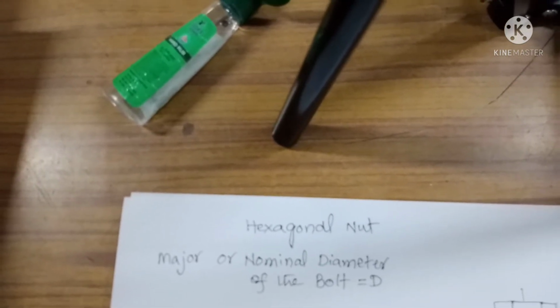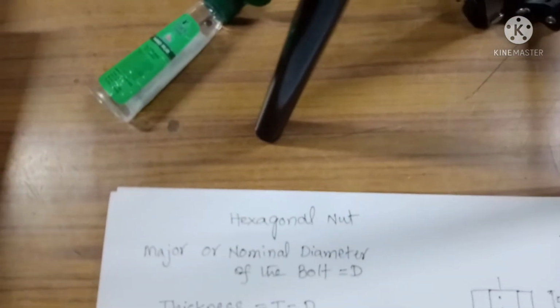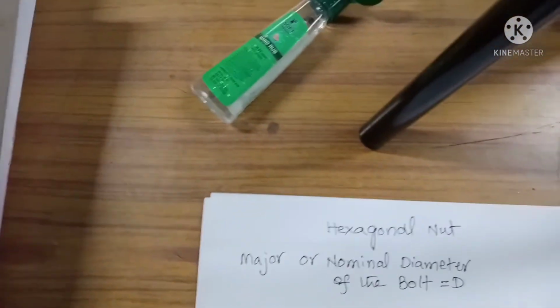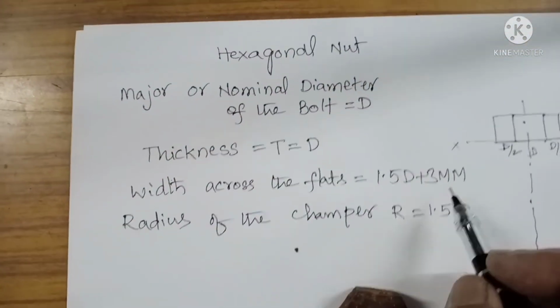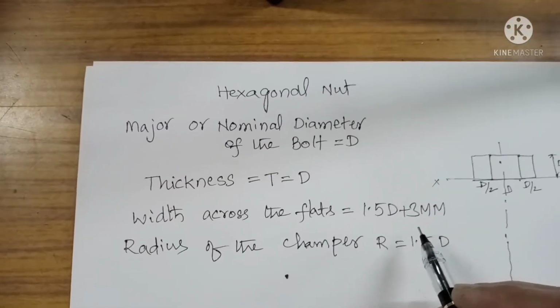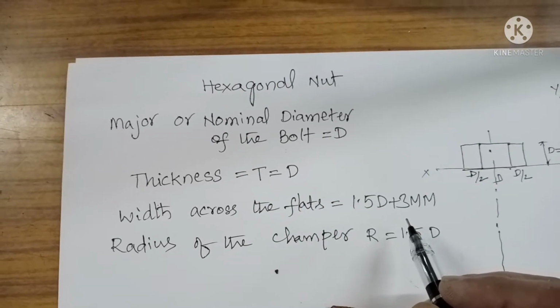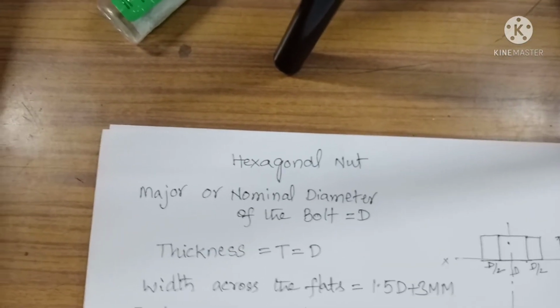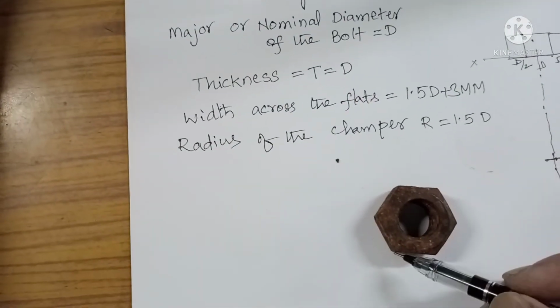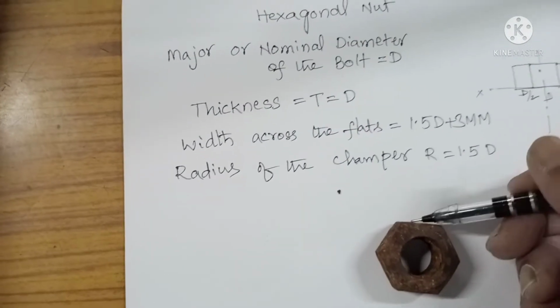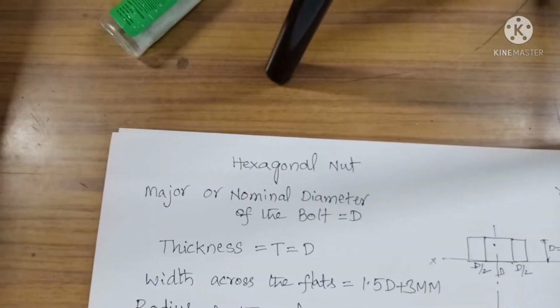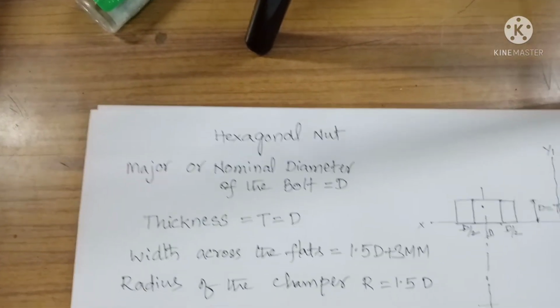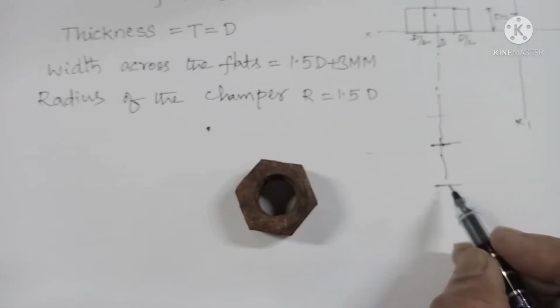Now the width across the flats, according to proportions, is 1.5D plus 3. That is, when D is 30, we get the width across the flats as 48. 48 means from this flat to this flat is 48. So I am measuring 24 on the upper side, and here also I am taking 24, right?